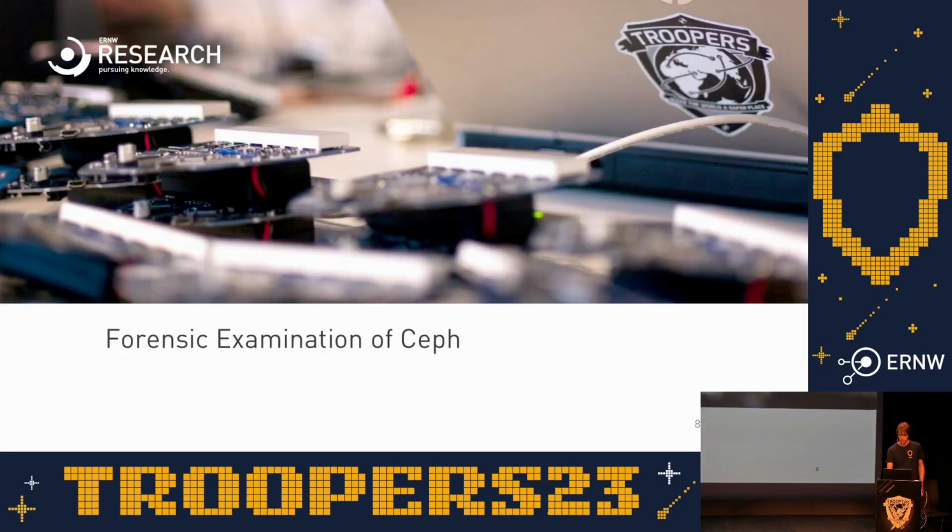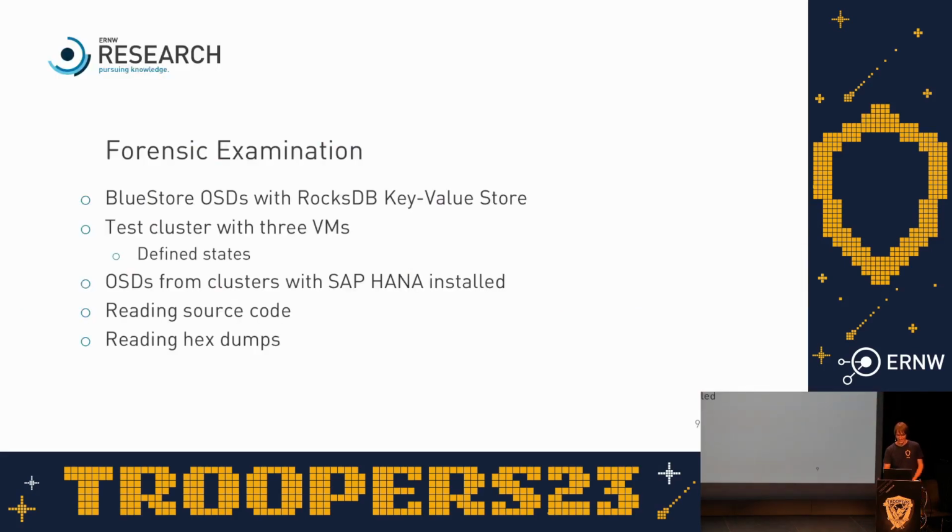Yeah, so that's for the theory. And now, what did I do? I created a setup of 3 virtual machines with some small OSDs in there, just 3 VMs and 3 OSDs in total, so that it was easy for me to keep track of everything.